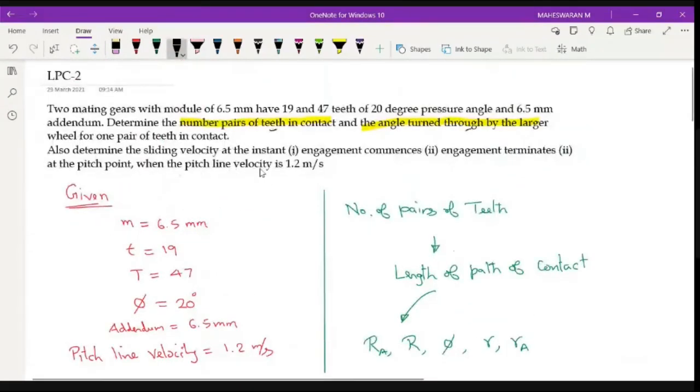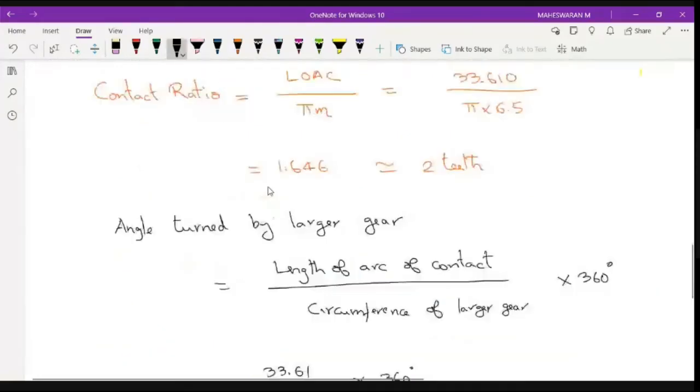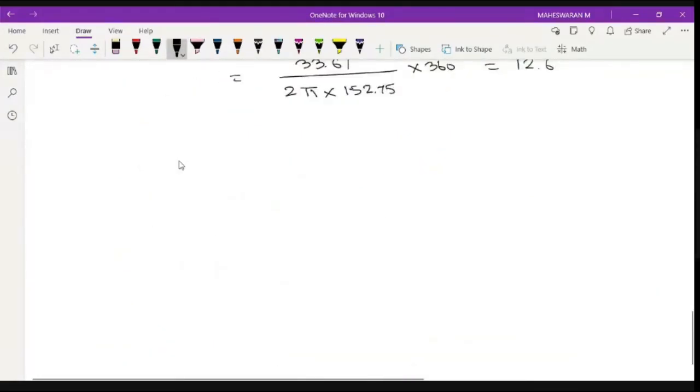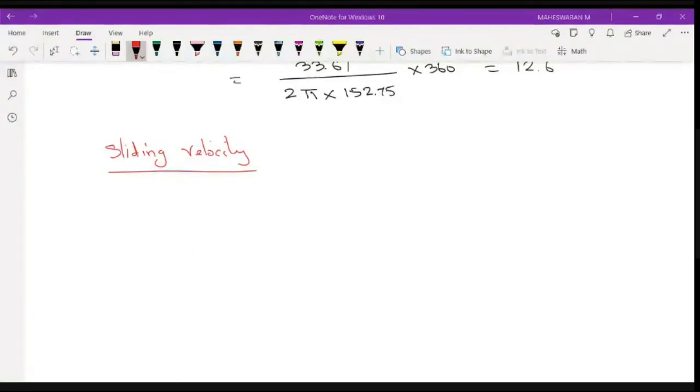So let me identify: the pitch line velocity is 1.2 meter per second. So let me start with that. Right, we are going to identify what the sliding velocity is.